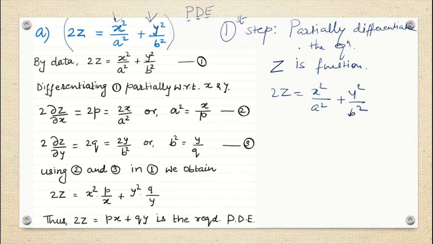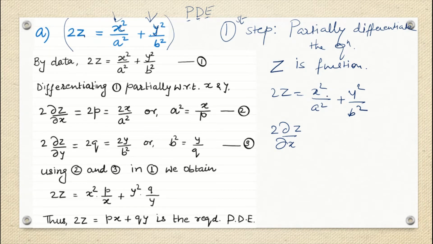The very first step is to partially differentiate this equation with respect to x and with respect to y also. So how to find the partial derivative? This is 2 del by del x of z, because the first time I am going to find the partial derivative with respect to x.